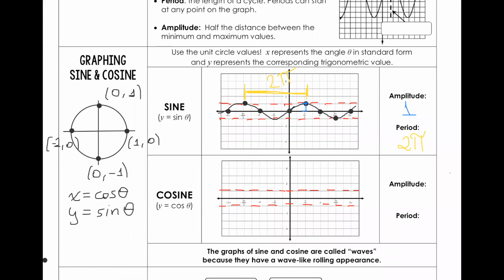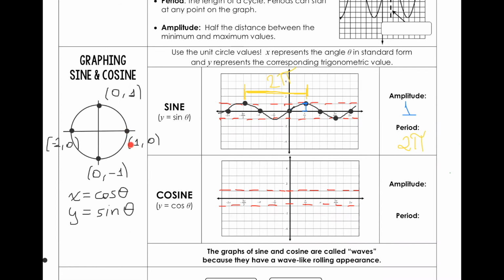Let's go to the cosine function now. So for the cosine function, we're going to do the same thing. We're going to start when theta, or the angle, is 0 over here, and figure out what is the value of cosine when my angle is 0. So when my angle is 0, I'm at this point over here, and the cosine of theta is the x value. So at this point, the x value is 1.